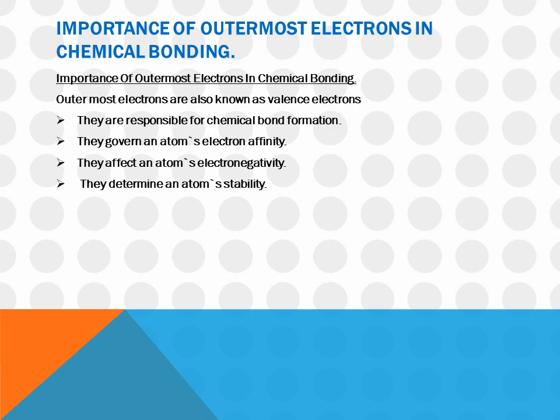Okay, we are going to the importance of outermost electrons in chemical bonding. Under that, first you must know what these outermost electrons are. These outermost electrons are just electrons in the outermost layer, and their other name is valence electrons.